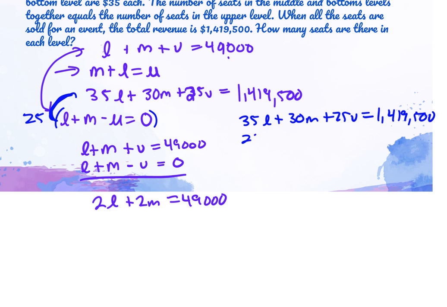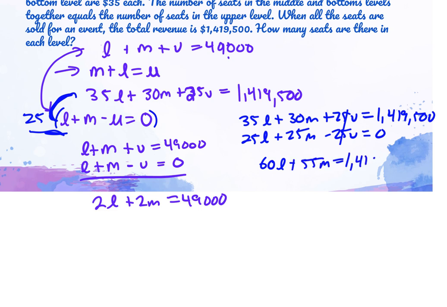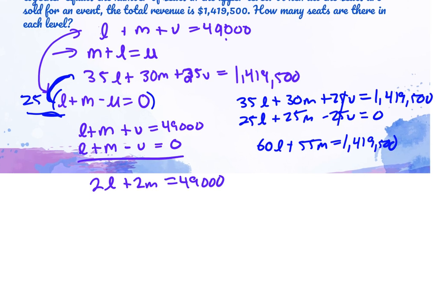Then 25L plus 25M minus 25 upper still equals 0. I'm taking 25 times that because 0 works out nicely. So that cancels out, and I get 60 lower plus 55 middle equals 1,419,500.